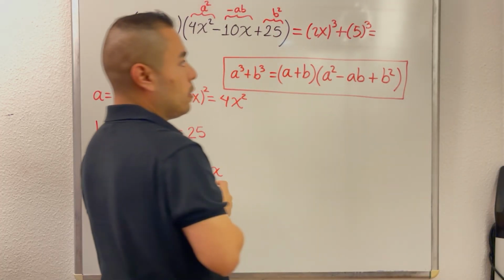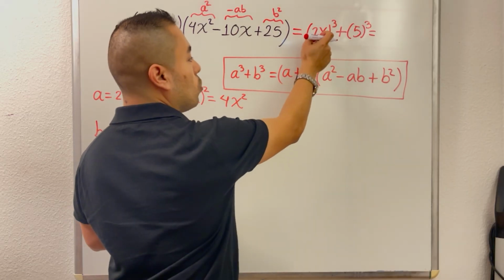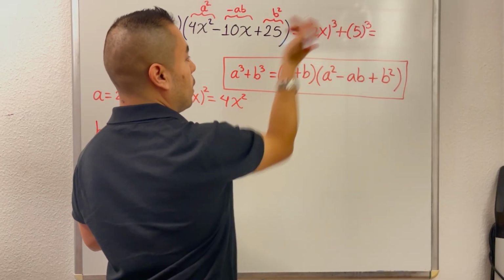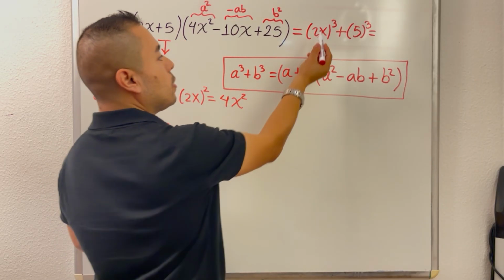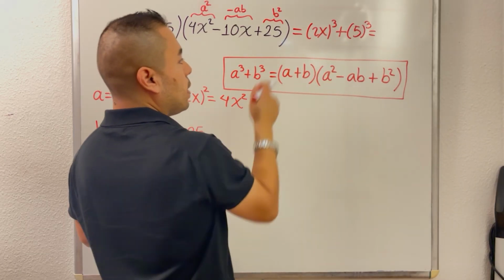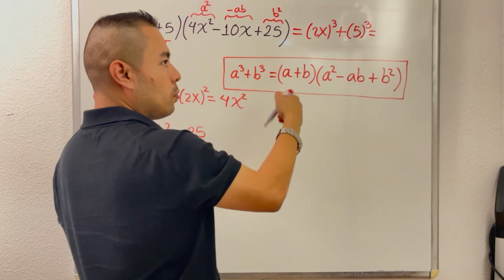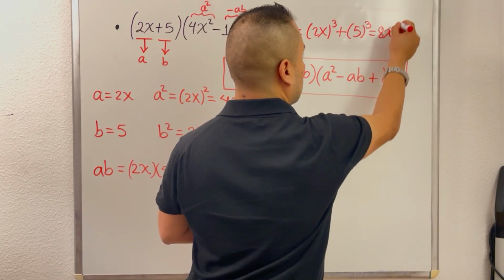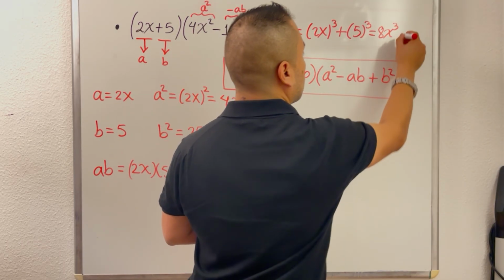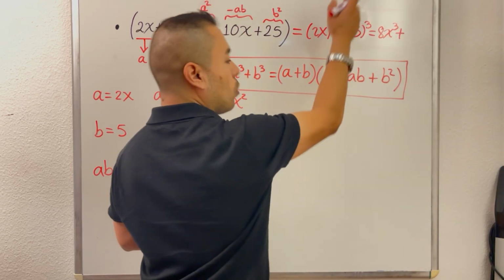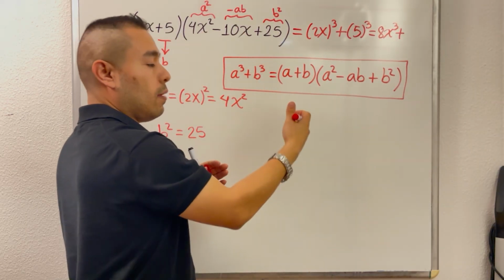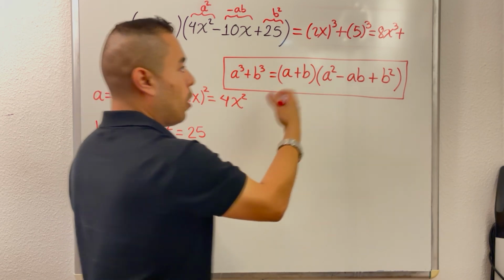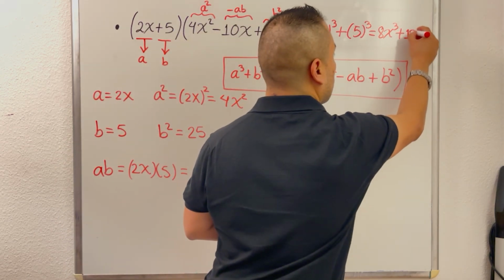And this will end up in 2x cubic. This is, according to the law of exponents, 2 cubic x cubic. And 2 cubic is 2 by 2 by 2, 8, x cubic, plus 5 cubic. In this case, is 5 by 5, 25 by 5, 125.